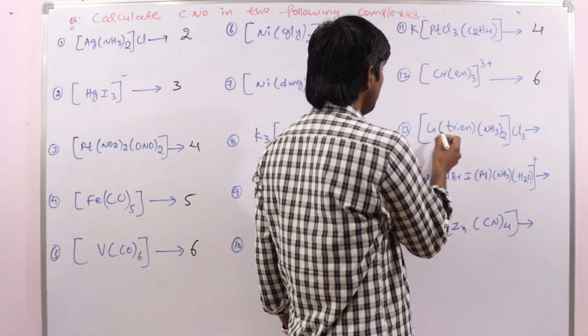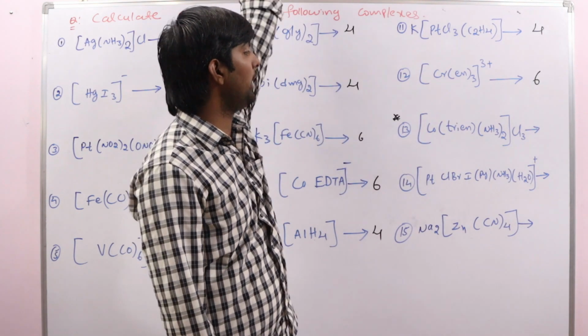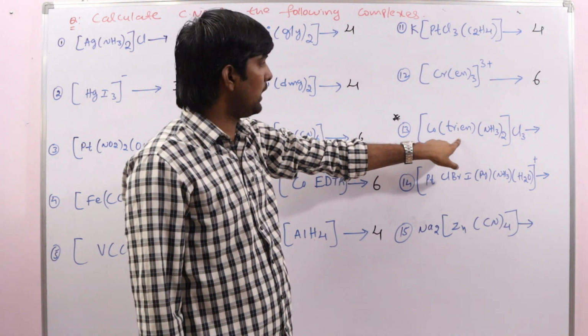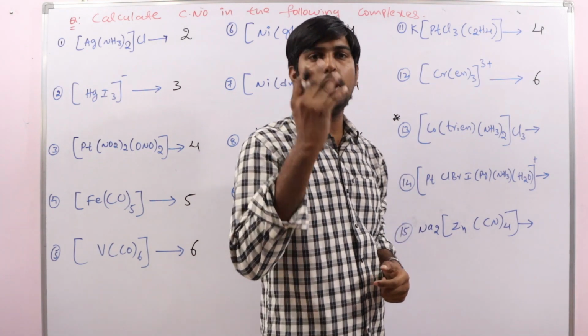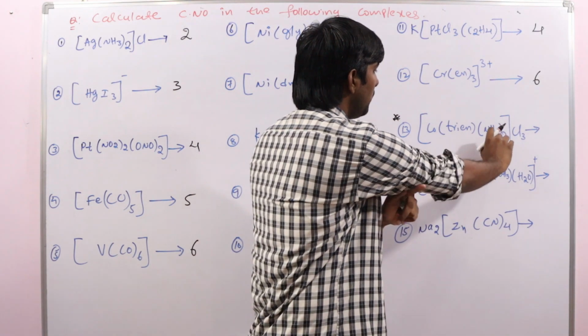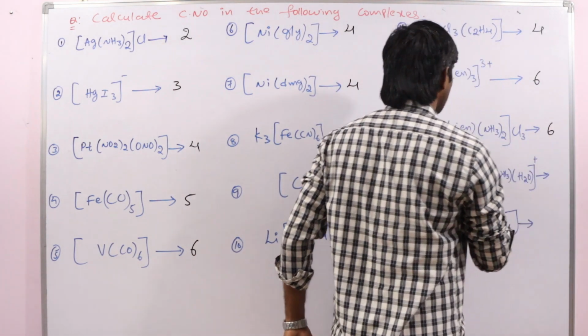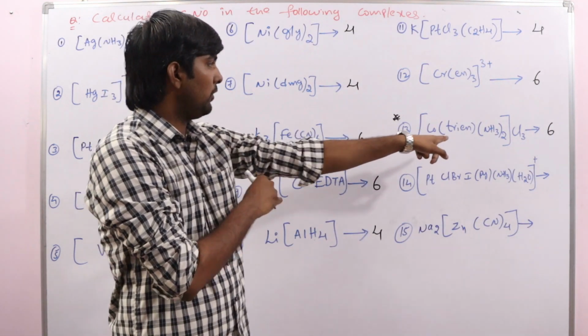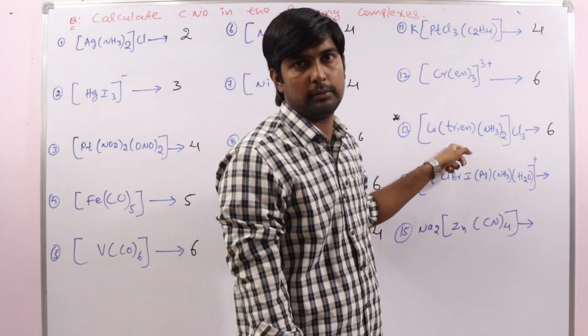Next, see this one, very very important. Triene is a tetradentate ligand, meaning it can form 4 bonds, and we have 2 monodentate ligands. So 4 plus 2, how much? 6. If you don't know its denticity, we cannot answer this type of problem.